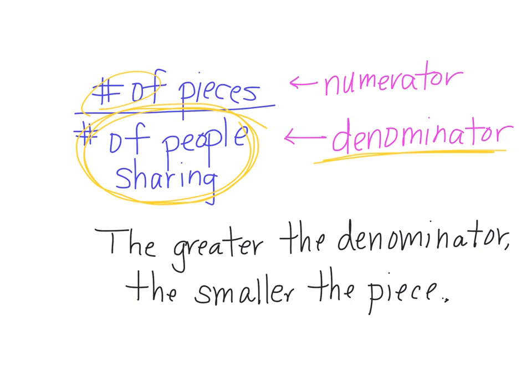So the big idea is the greater the denominator, that's this number, the smaller the piece. That's backward from what we usually think about. Usually the bigger the number, the bigger the piece. But in fractions, if the denominator is larger, the piece will be smaller.